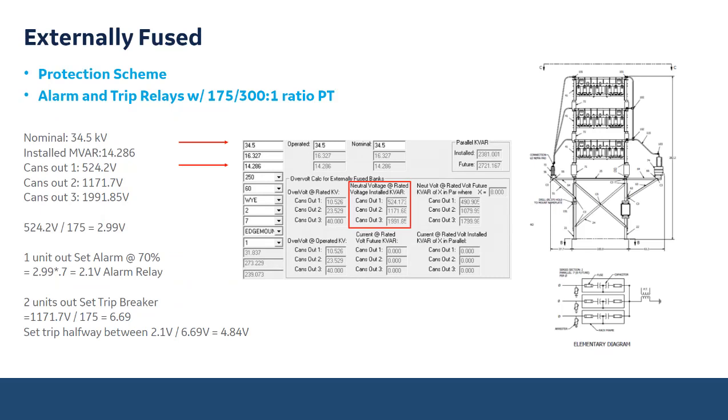All right. This is the protection schemes for an externally fused bank. So if you order the capacitor bank, what GE can provide is that protection scheme. We can provide the trip points for both the alarm and the relay for the breaker.